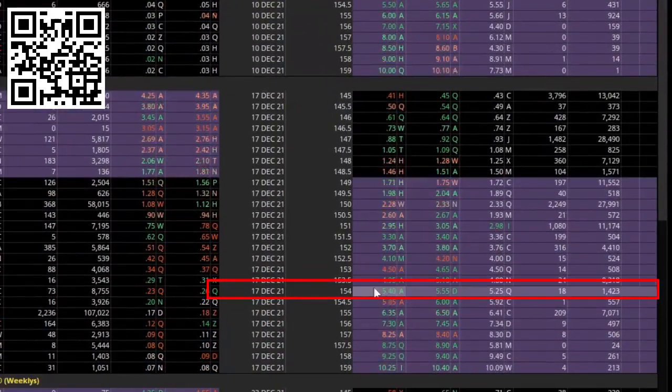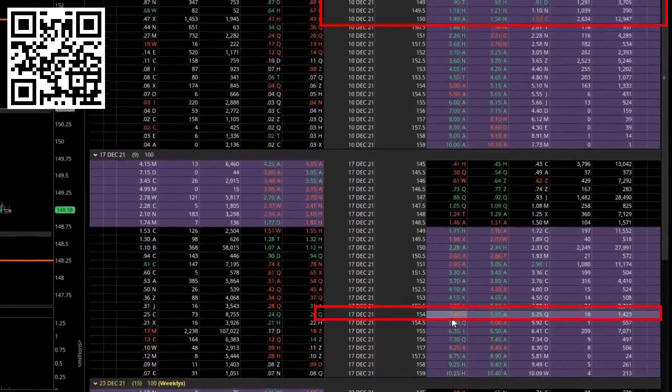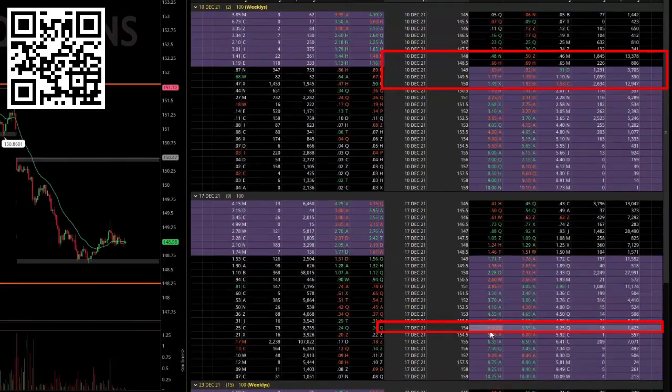The puts 154 for next week that I told you on Monday, swing long trade puts 154 at $2, are right now at $5.40 at the bid. Trim those profits on the way. Congratulations, it was a beautiful 3 days trade, and we will go back at the end of the day. Stay tuned.